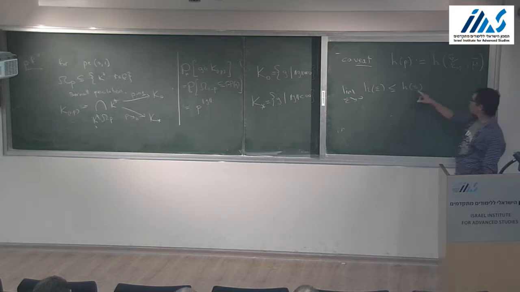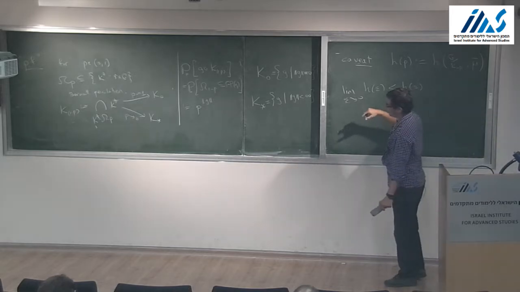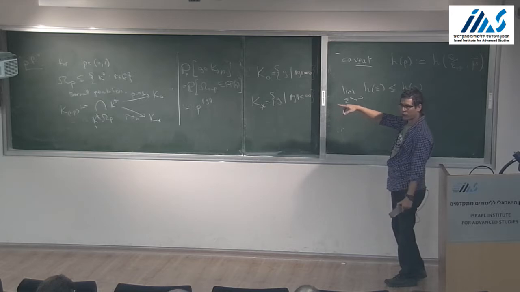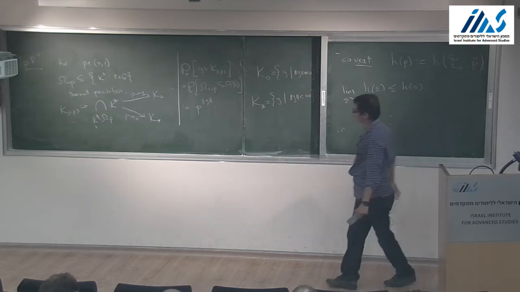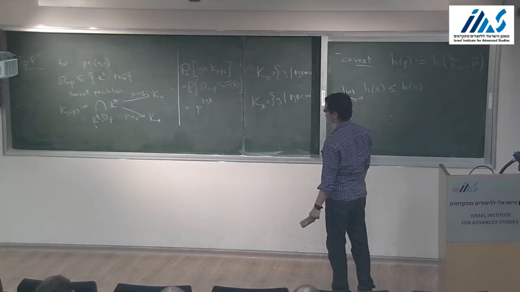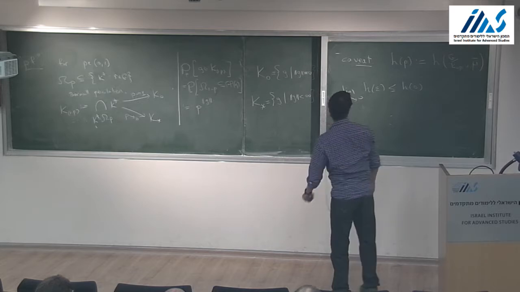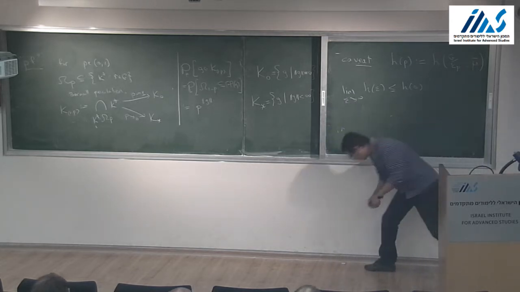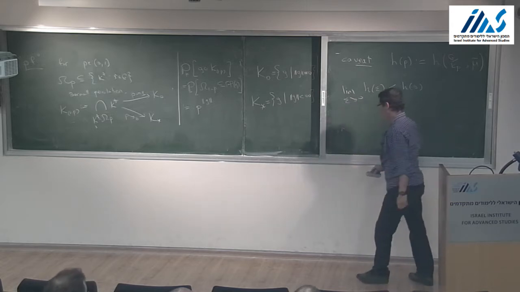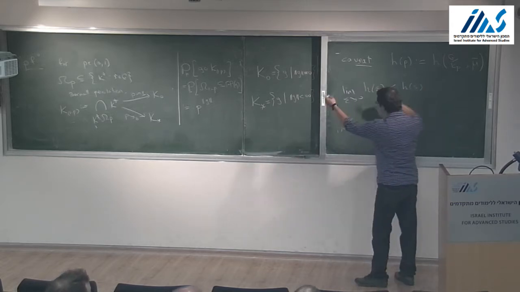So h of 0, what is h of 0? This is when this is going to 1, right? So you get K0, right? So that's the one I wanted. Did I do it wrong? No. Yeah, so this should be p. So let's see. When p is going to 0 here, it translates to 1 minus p.